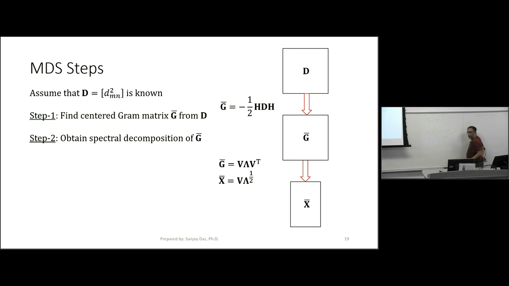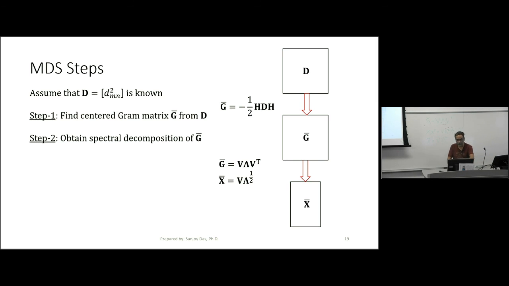Same thing, because it's a diagonal matrix. The transpose of a diagonal matrix is itself: square root of lambda times V transpose. Right? And so if this is the spectral decomposition of G bar, then this is my X bar, because if I multiply the two diagonal matrices, it's very easy, I'll get lambda, with V and V transpose at either end.